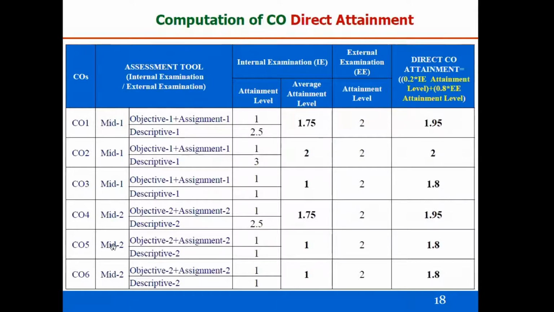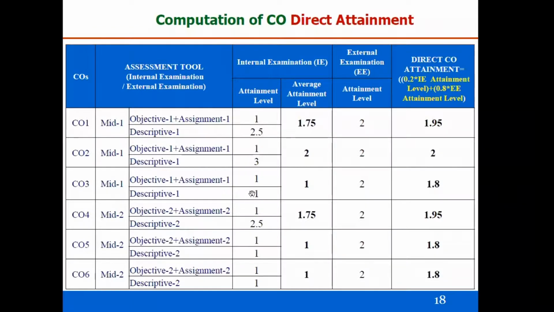Then CO5 is also related to mid 2, objective 2 plus assignment 2, and we get the same level, that is 1. Then CO6 is also related to mid 2, objective 2 plus assignment 2, and we get the same level. So now the objective plus assignment attainment levels are added here for mid 1 and mid 2 related COs.